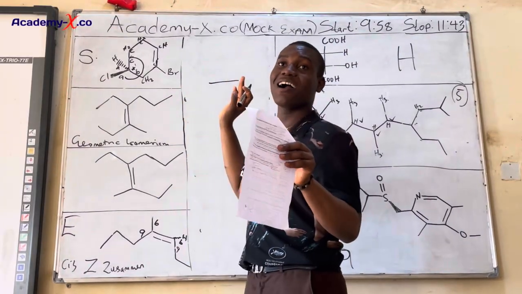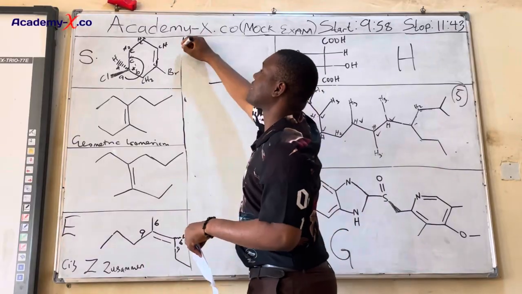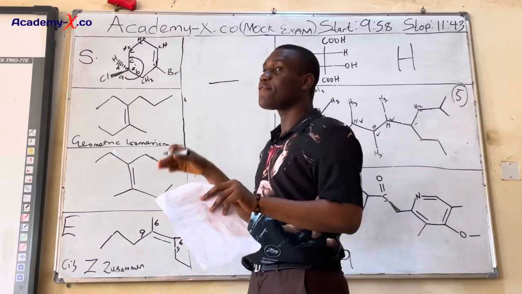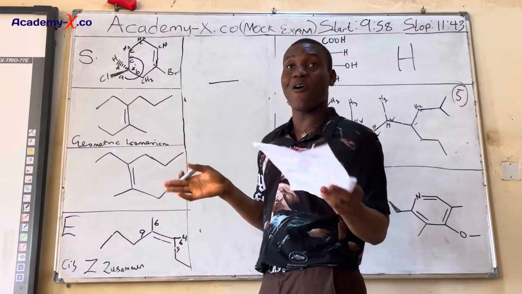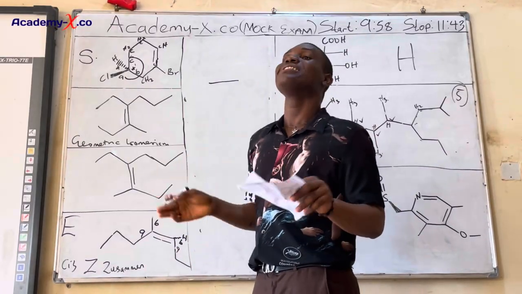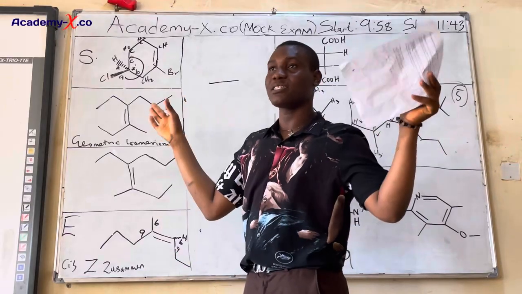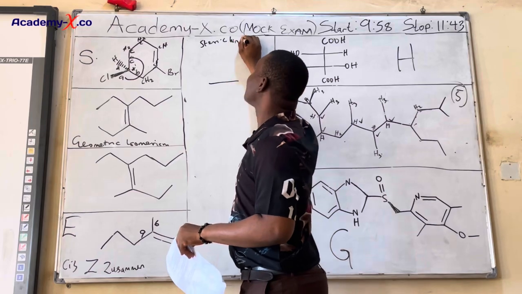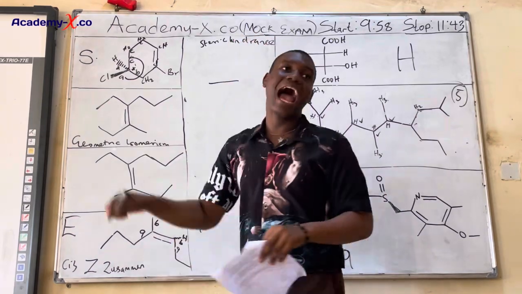Is it disubstituted at the ortho position? Correct. Are they different substituents? Correct. They are bulky substituents because of what is called steric hindrance. Is it not? So all of you are correct.